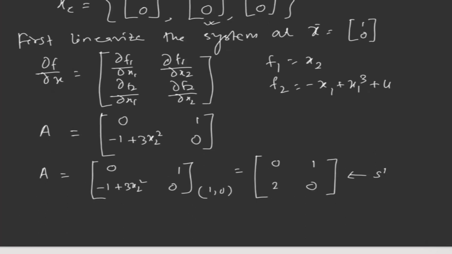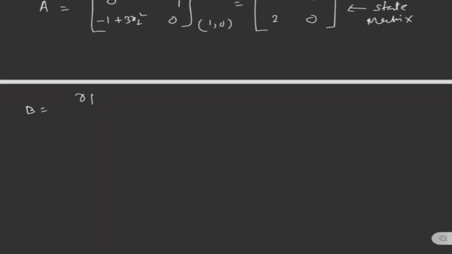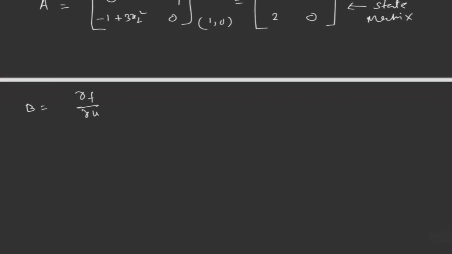Now we'll find the B matrix, dou F and dou U. We have only two functions and one control, so we can form the matrix dou F1 dou U and dou F2 dou U. The value of dou F1 with respect to U is 0, and the second value yields to be 1.